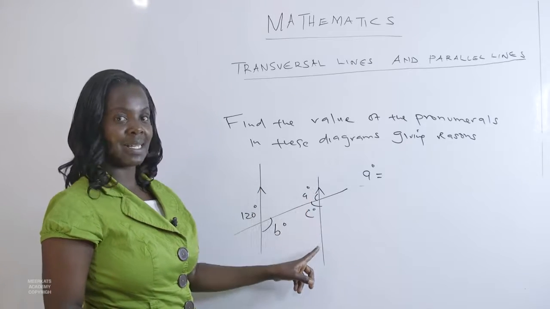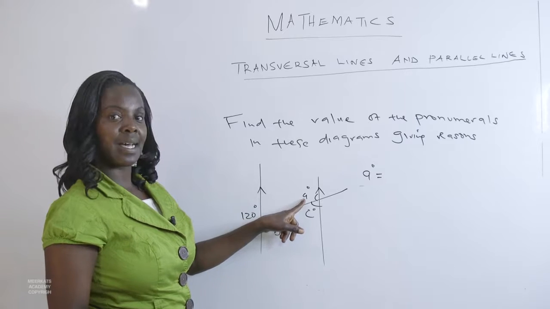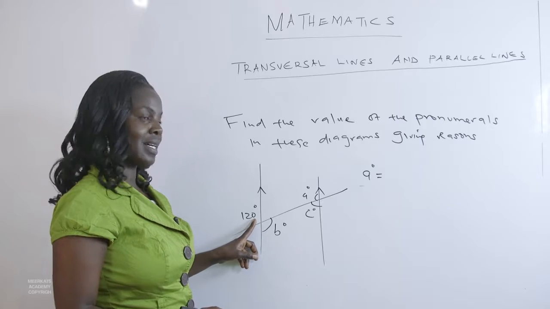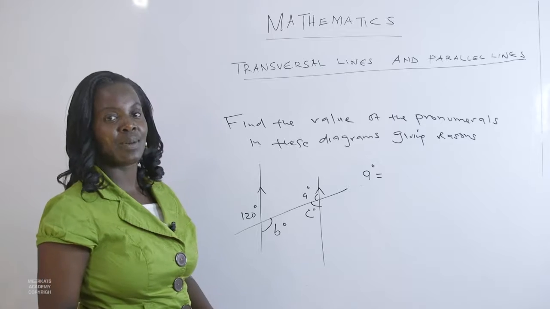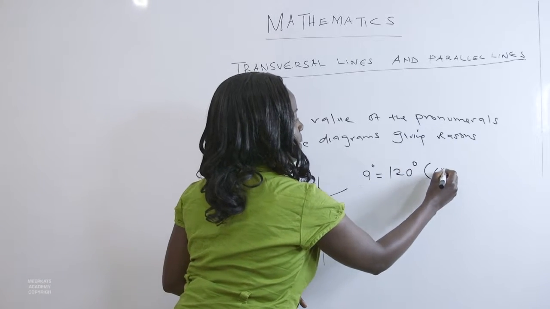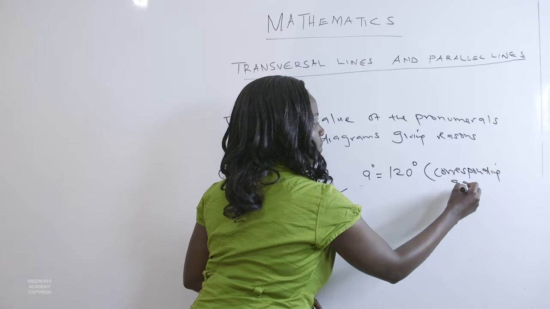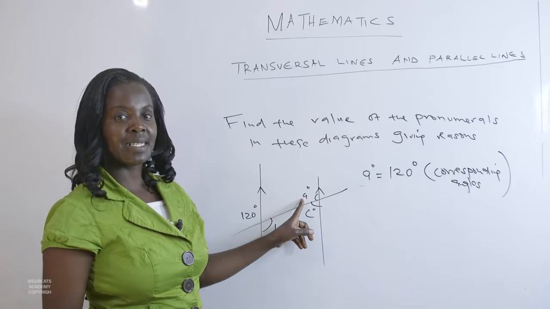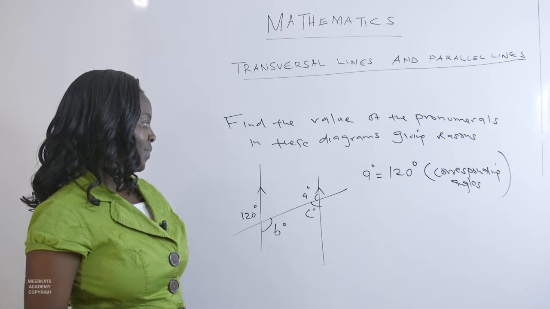These two lines are parallel lines, and we have a transversal. So A is on the same side of the transversal with 120 degrees. These two angles are corresponding angles. So it follows that A is 120 degrees because they are corresponding angles with 120.